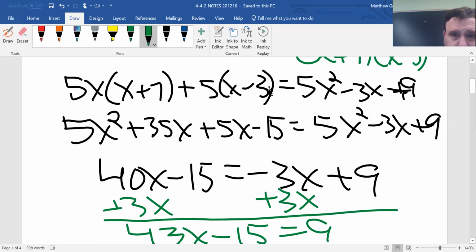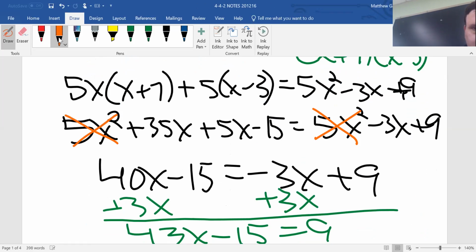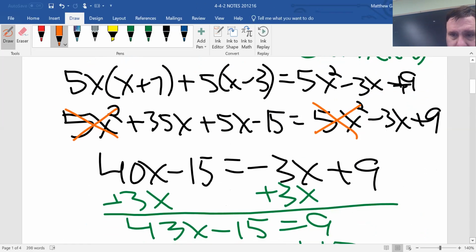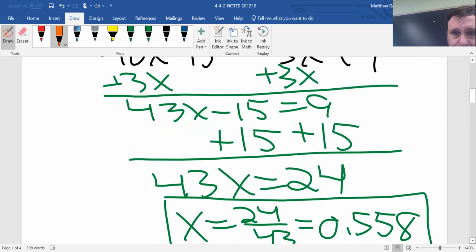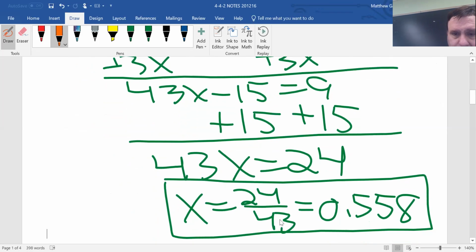We apply the distributive property here. We get 5x squared plus 35x plus 5x minus 15. 35 and 5 is 40x, and the 5x squared should cancel. So 4x minus 15 equals negative 3x plus 9. Add 3x to both sides, and then add 15 to both sides. x is 24 divided by 43, which is 0.558.